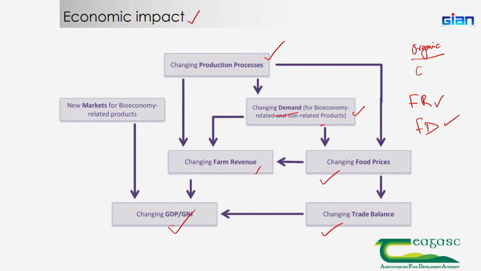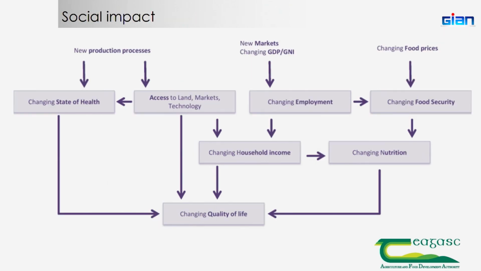Or changes in gross domestic product or GNI. There are different types of indices. Within that, one is related to net production, GDP or GNI, and then new markets for bioeconomy related products. So all these things show how you can assess the economic impact of any given process.